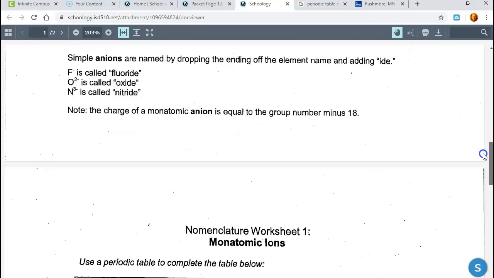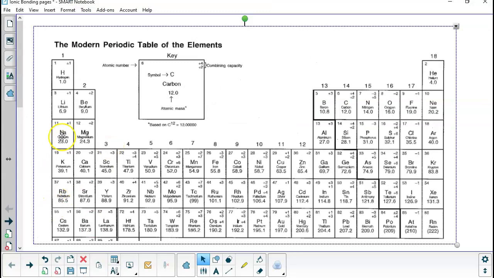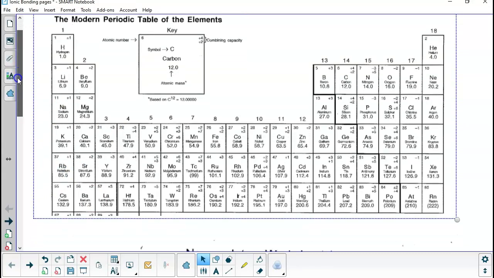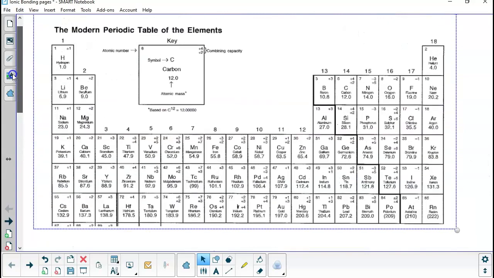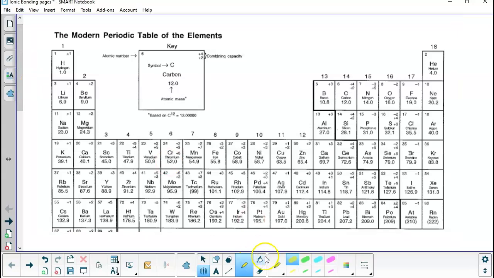On your practice sheet, we've got a chart here where we're going to look at these different symbols. Now, I got one set up with a periodic table here that we can look up symbols. And you should have a periodic table kind of like this. It's probably yellow or pink. And I want to point something out to you.